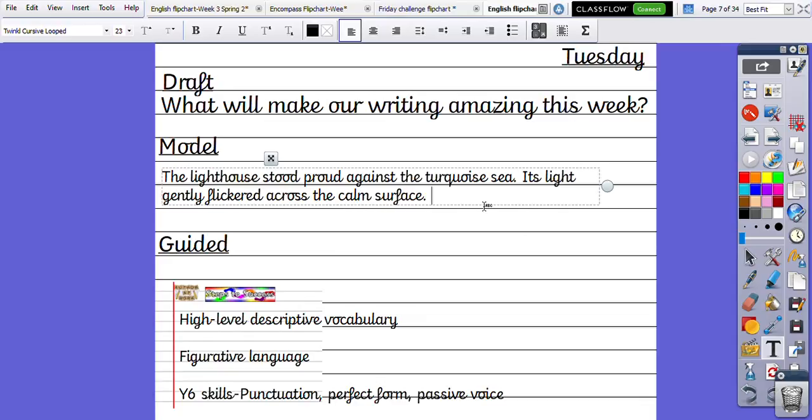This might be two sentences I go back and later edit, but for now I am happy that I have used high-level vocabulary. The lighthouse stood proud. I've used personification against the turquoise sea, and it's really clear which scene I am writing about. I'm clearly here writing about the serene scene.